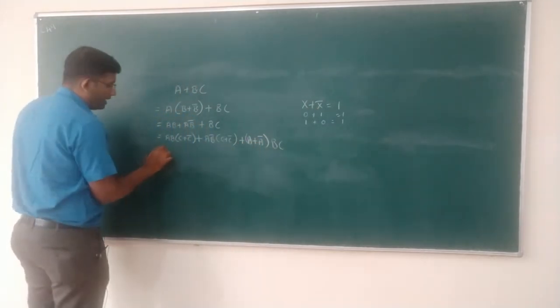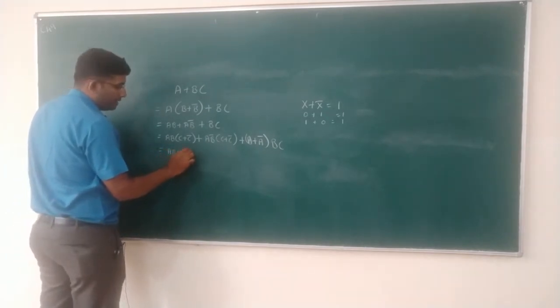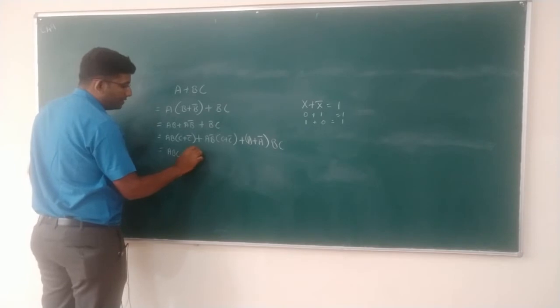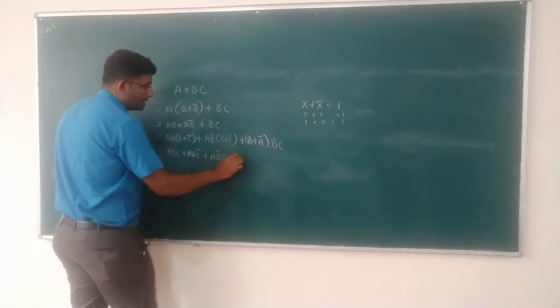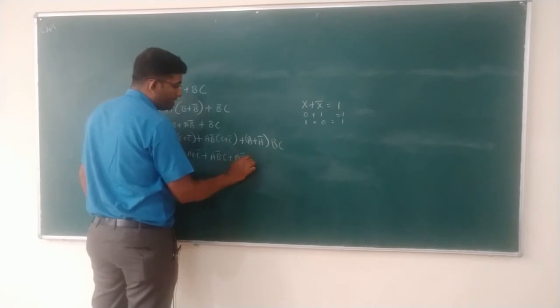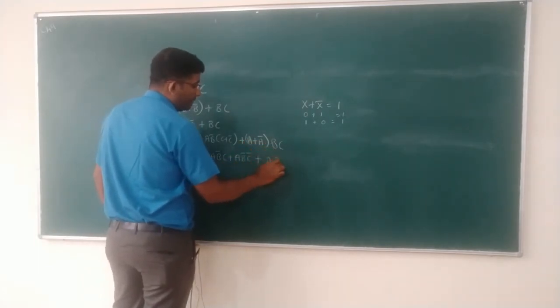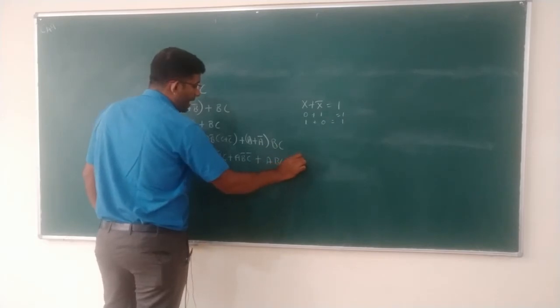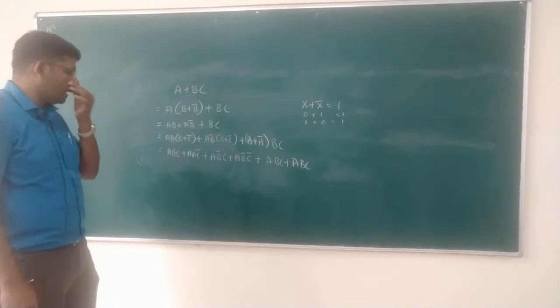Now simplify the expression: ABC plus ABC bar plus AB bar C plus AB bar C bar plus ABC plus A bar BC. Look for the redundant values.